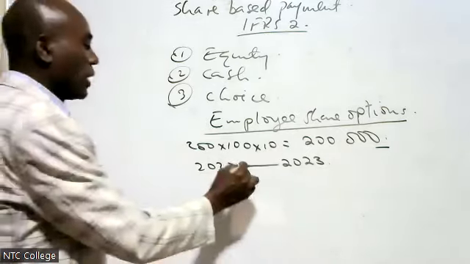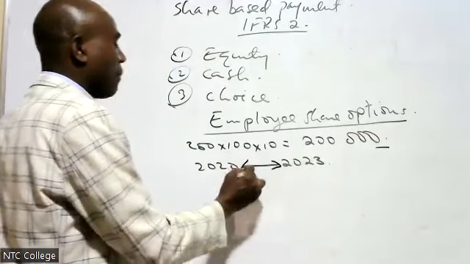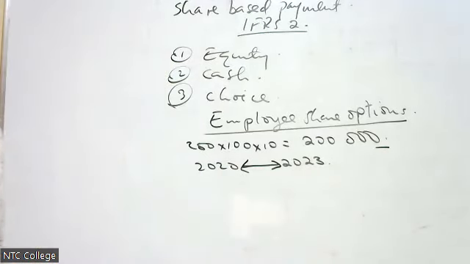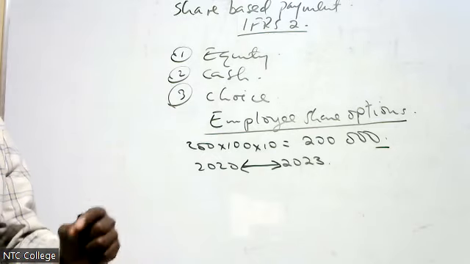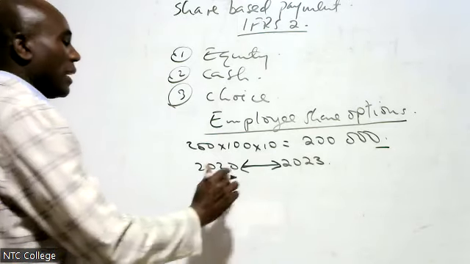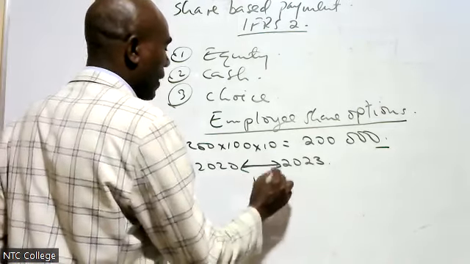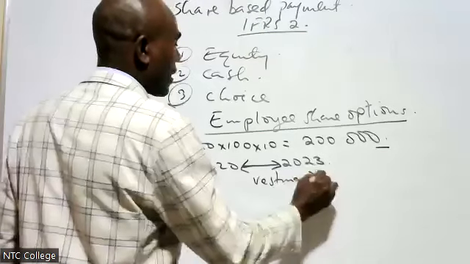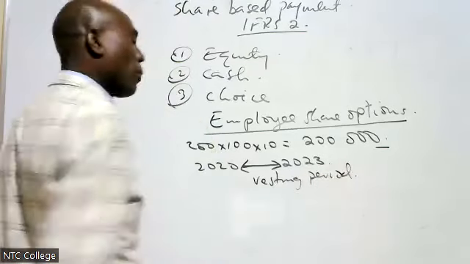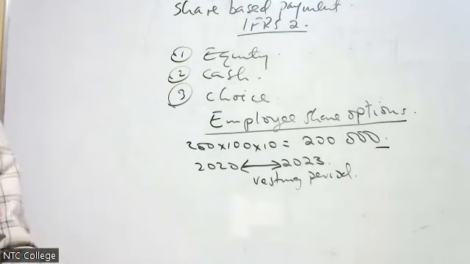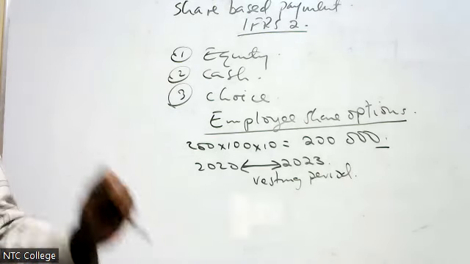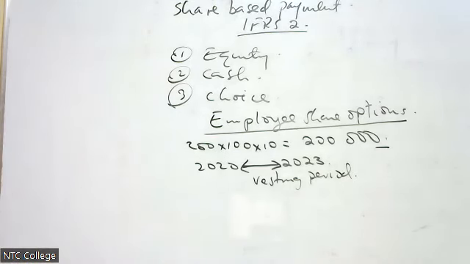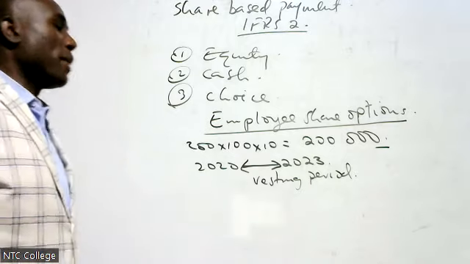Therefore, the period that you are giving the employees to stay in the company for them to receive shares is called vesting period. If you will be in the company from year 2020 up to year 2023, you will get shares. That is called vesting period.